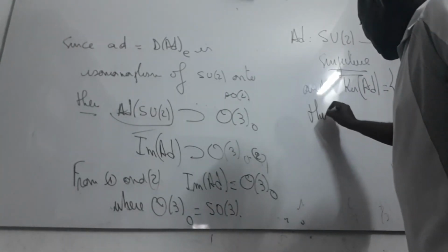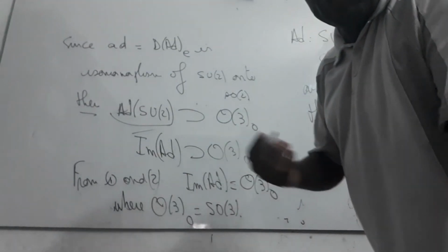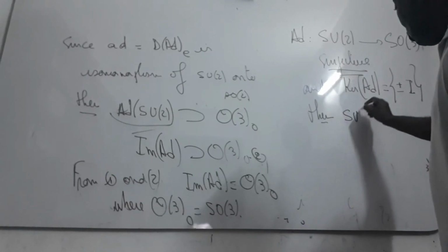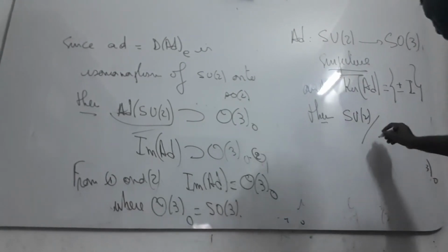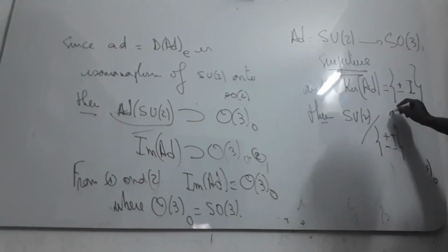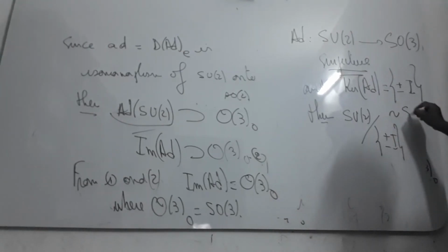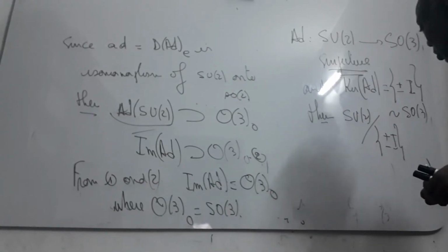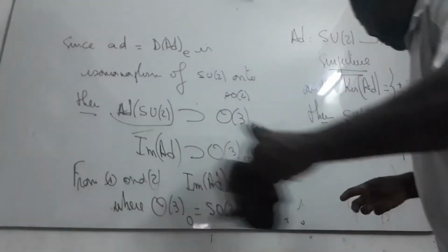Then using the homomorphism theorem, the quotient of SU2 by the kernel is isomorphic to SO3.